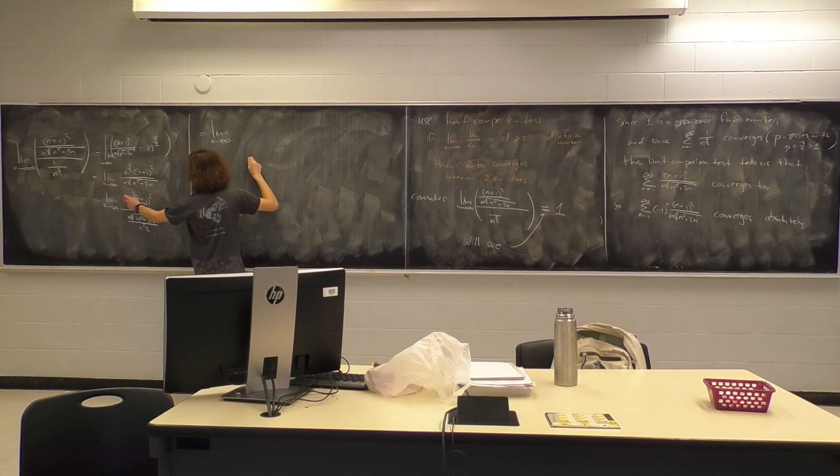So here the 3/2 cancels, and we're left with 4/2, which is just an n squared. And we'll have (n+1) over n squared.